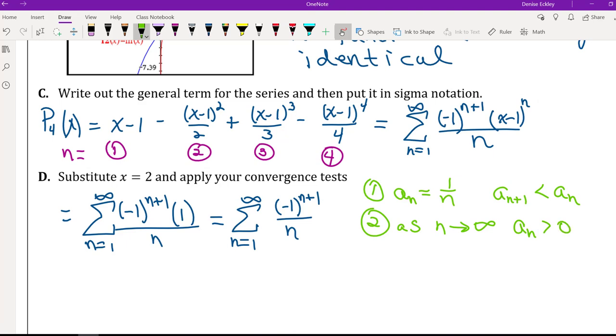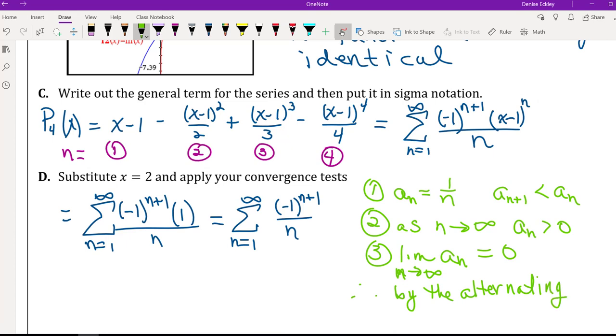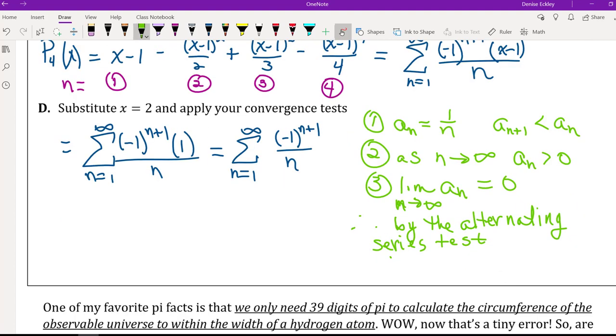And then finally, when we take the limit as n approaches infinity of a sub n, we're going to get 0. So therefore, by the alternating series test, the series converges.